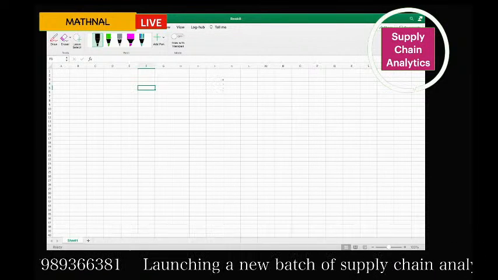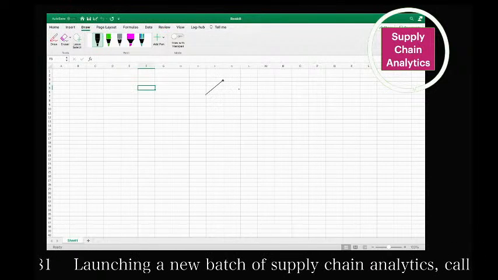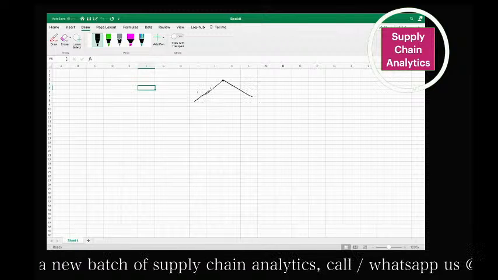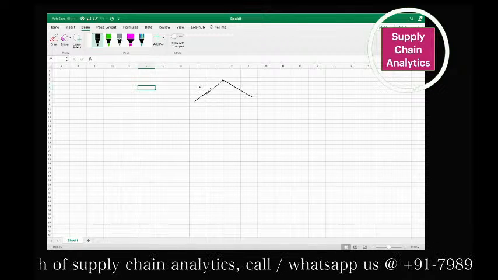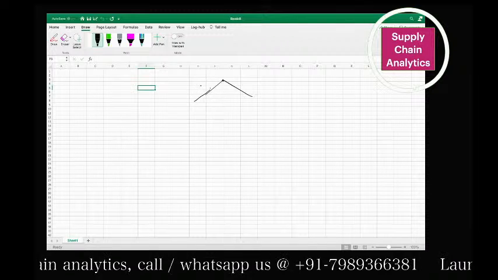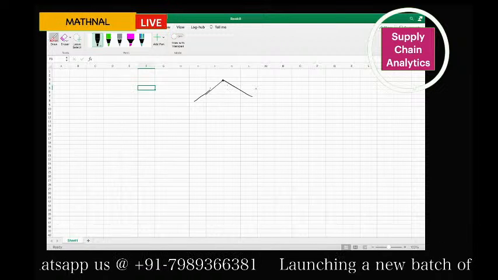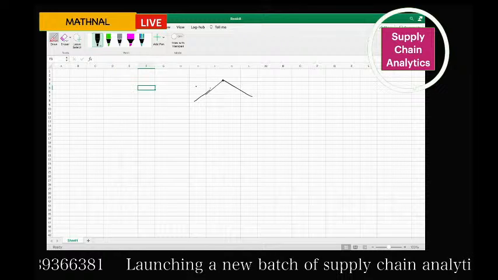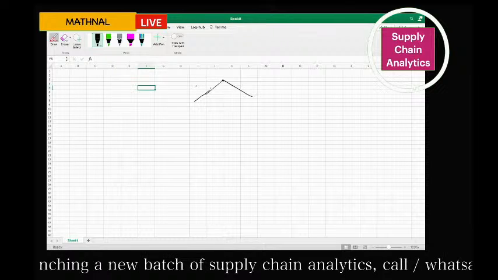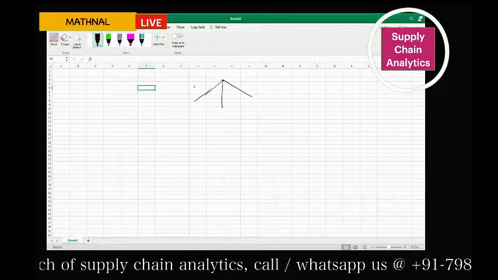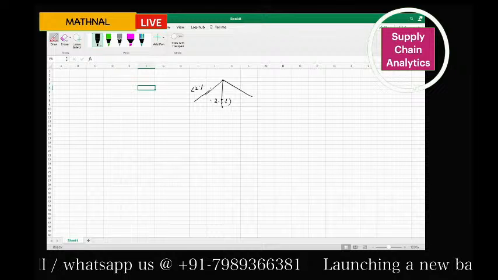The first is we have the outcome, which is cost savings. What are the outcomes in the cost savings? Let's say we have three categories: less than 2%, 2 to 5%, and more than 5%.